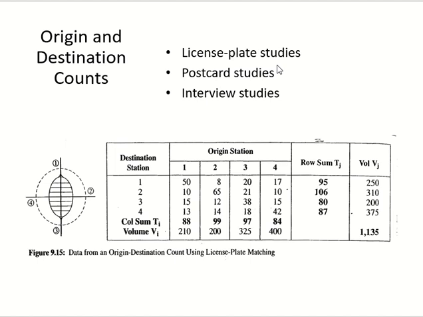How many zones do we have? 4. But this is just an example. It can be more than 4 or less than 4. It is up to you. You look at your region and you see how many zones you want. There are some guidelines, but it's not a fixed number that every time we have to make 4. Clear?